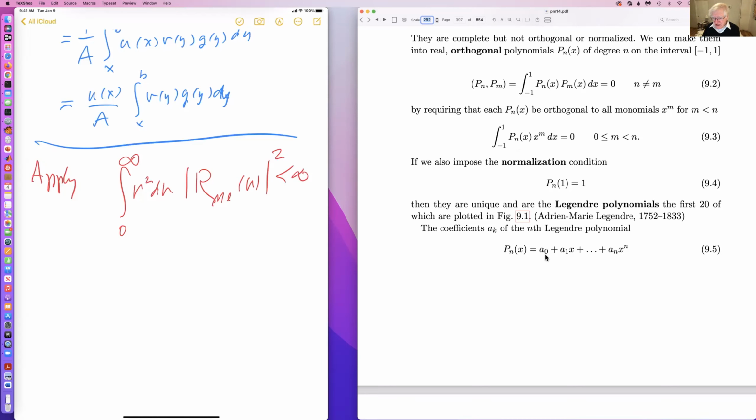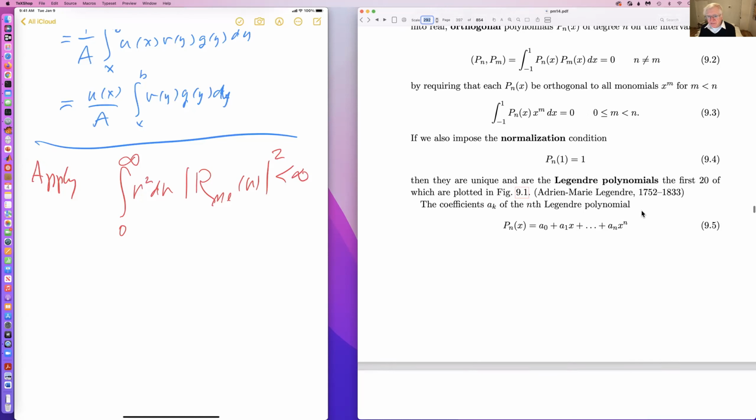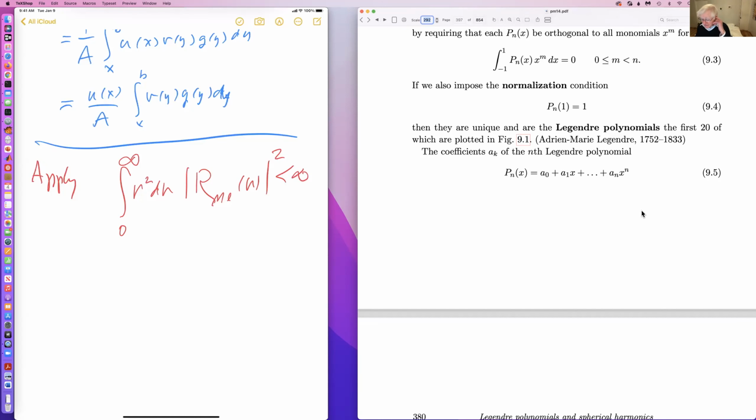And so we added one more condition, which is that the Legendre polynomial at 1, which is the right-hand end of the interval, equal 1. Then they're unique and they're called the Legendre polynomials. And I made a figure out of them, and that's what's on the book cover.